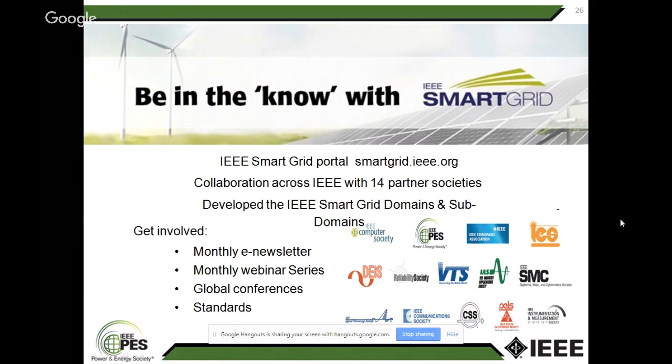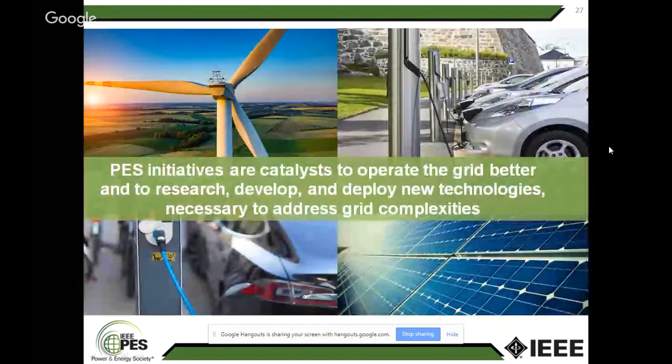We have many societies working together to promote the smart grid initiative. PES initiatives are catalysts to operate the grid better and to research, develop, and deploy new technologies necessary to address grid complexity. So this is the main point.